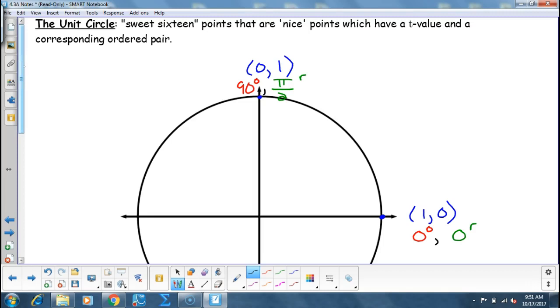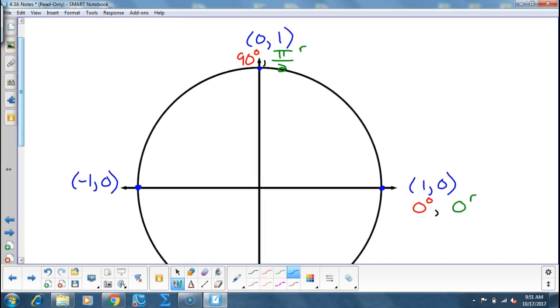All right. Let's go 90 more degrees. So now I'm at the point -1, 0. In terms of degrees, I'm at 180 degrees. In terms of radians, I'm at pi radians.